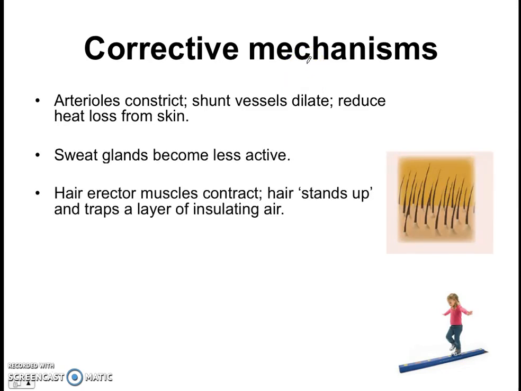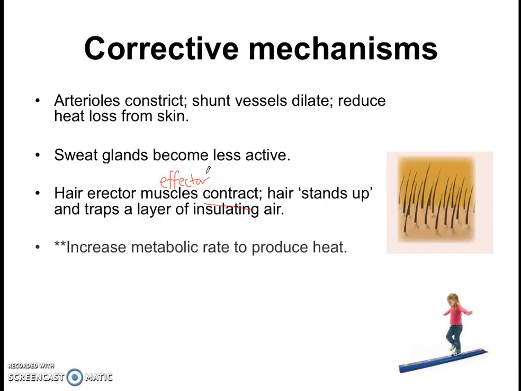Thirdly, the hair erector muscles will contract, so the hair will stand up and you'll trap some air inside, so that helps to insulate you a bit more. Take note that the hair erector muscles are another example of an effector. So nerve signals will be sent from the hypothalamus to the hair erector muscles so that they will contract. Importantly, your body will also increase its metabolic rate to produce more heat. So a higher rate of respiration.